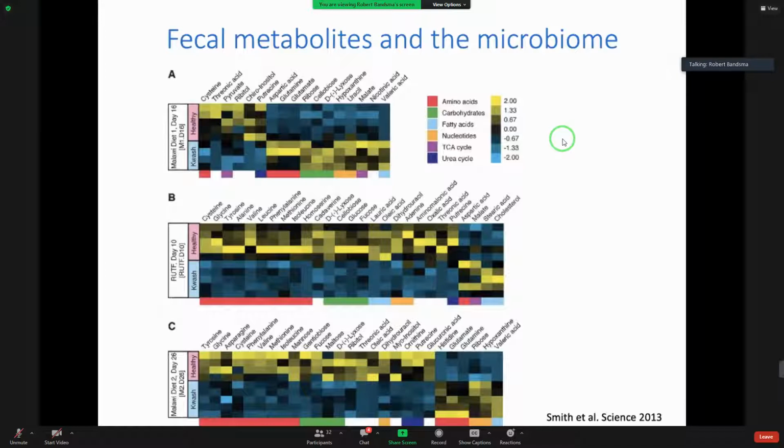What they found was that there were also clear differences in the metabolites of the stool between the different groups. This is potentially providing a mechanism, or one of the mechanisms, as to how the microbiome can alter metabolism of the host, so in this case of the child, and lead to changes in growth. But I'll go a little bit more into this later on.